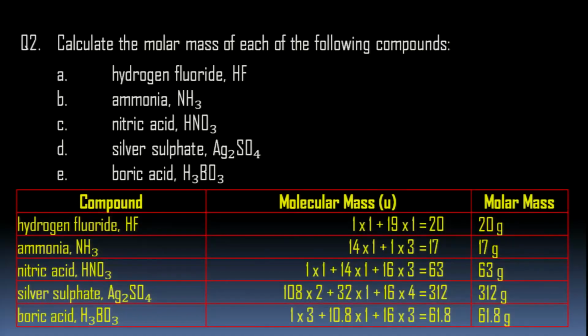Similarly, boric acid, H3BO3, 1 into 3. For boron, atomic mass is 10.8. 10.8 into 1. And for oxygen, similarly, 16 into 3, that is 61.8 grams. Is it there on the screen for 2 seconds, children? So, I think you have noted it down.